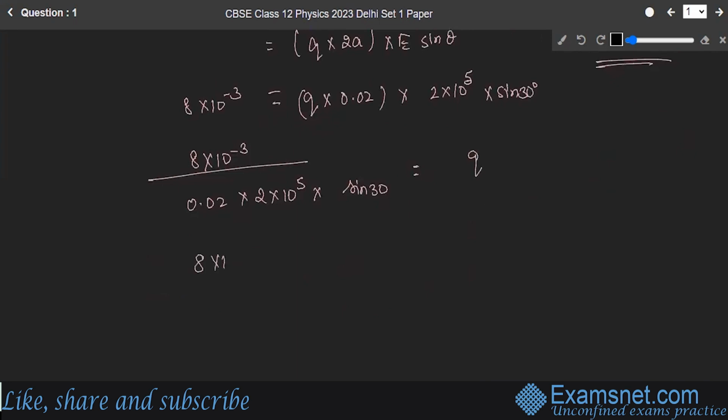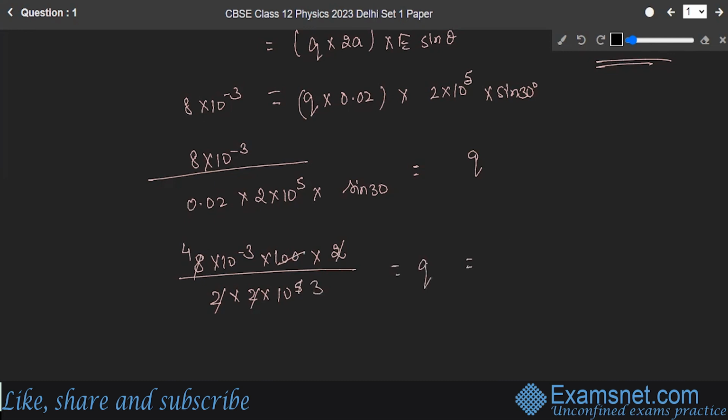This is 8 into 10 power minus 3 into 100 upon, sine theta is equal to 1 by 2, this will go over here, 1 by 2. Then you have 2 into 10 power 5. Right. And then this will cancel, this cancels with this.